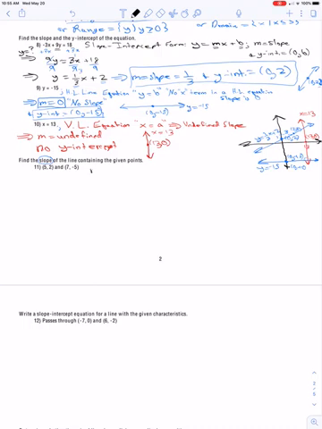Let's write down our definition again. m, which references slope in math, is your rise over your run. It's a ratio of rise to run: your change in y, your vertical distance between the 2 points, divided by your horizontal distance, your change in the x-coordinate. So y2 minus y1 over x2 minus x1.